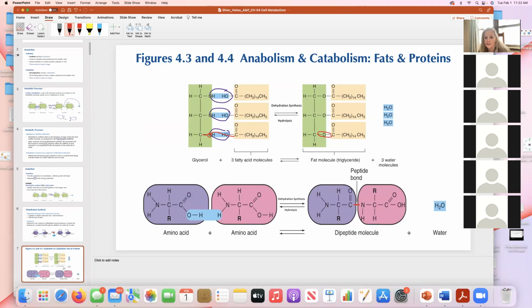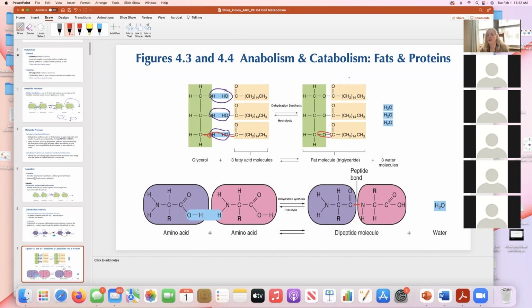All right, so ester linkage, and then 3 molecules of water removed. If we wanted to do the reverse and break apart, this is now a big triglyceride. Triglyceride, meaning here's the glycerol and here's the 3 fatty acids off of it, triglyceride.